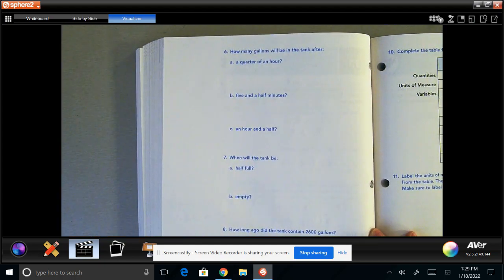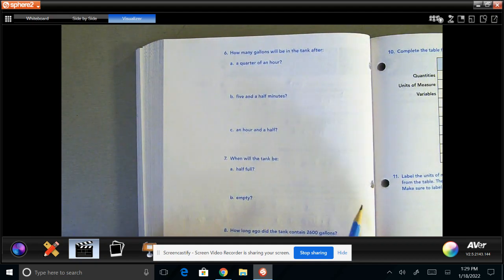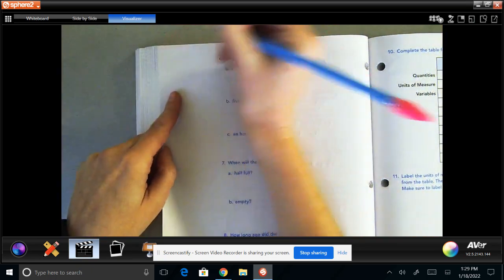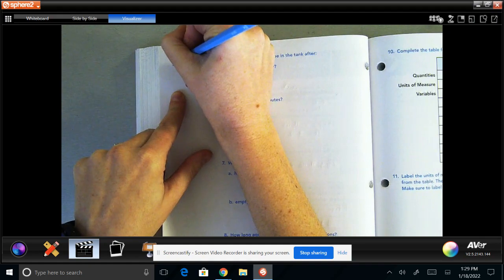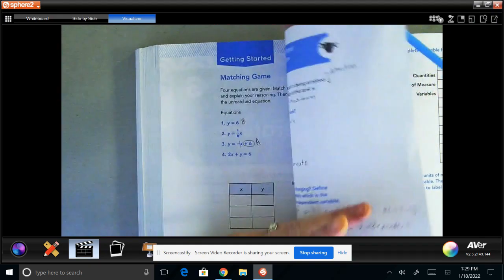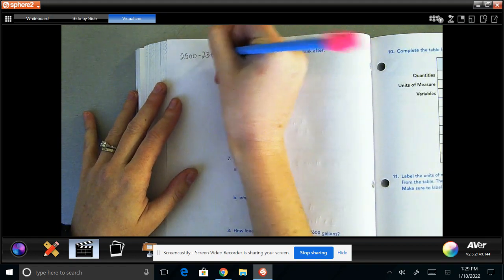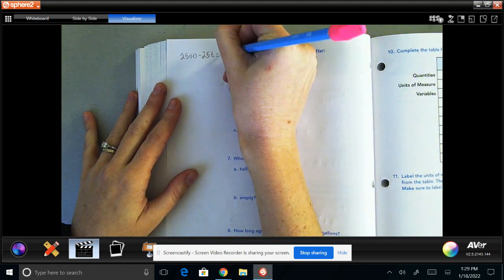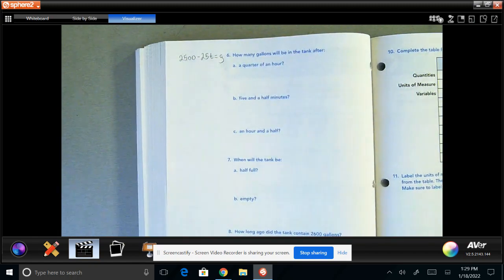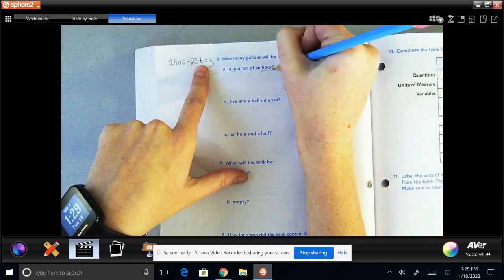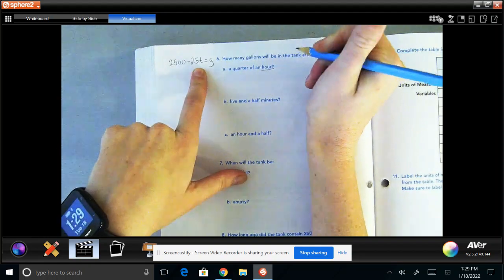How many gallons will be in the tank after a quarter of an hour? So I can use my equation that I just wrote. I'm going to write it over here so I don't have to keep going back and forth. 2,500 minus 25 times the time is going to equal the number of gallons. Well, that's hour, and my equation is using minutes.